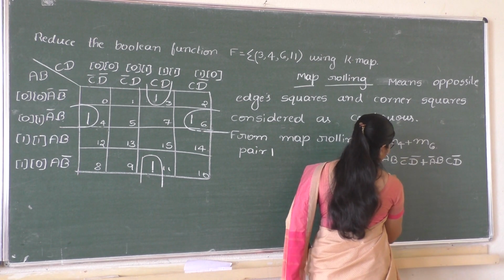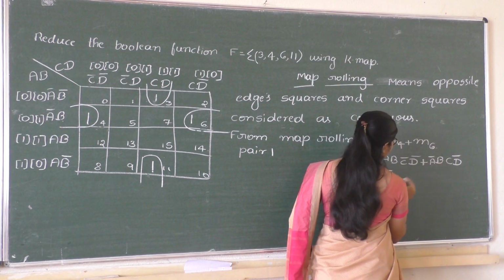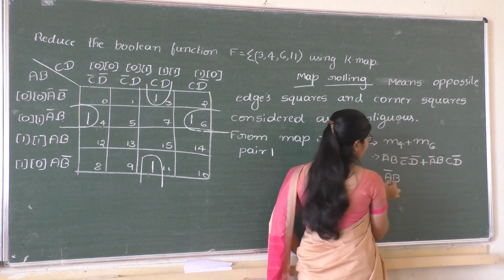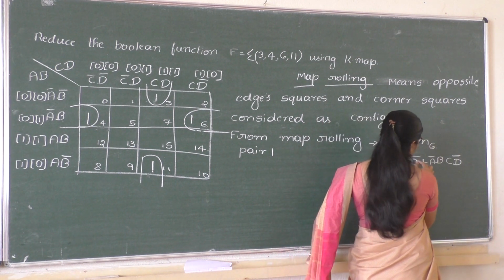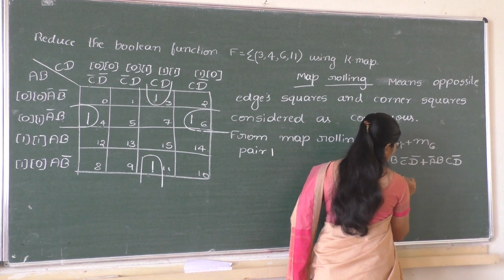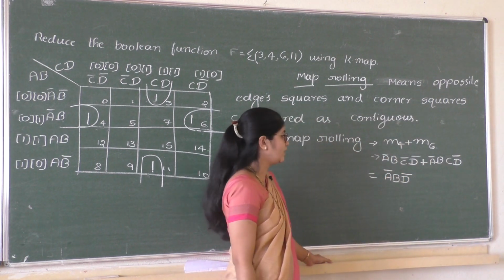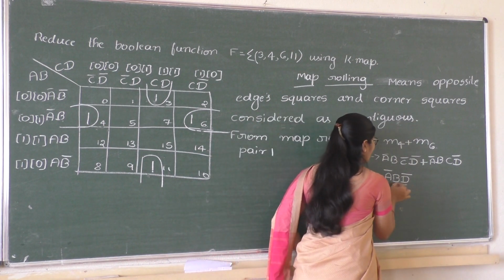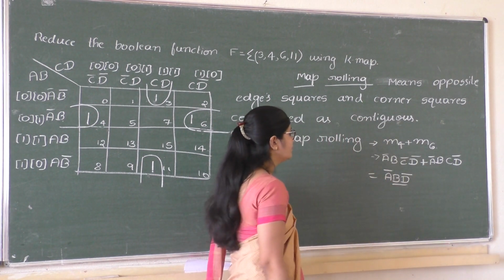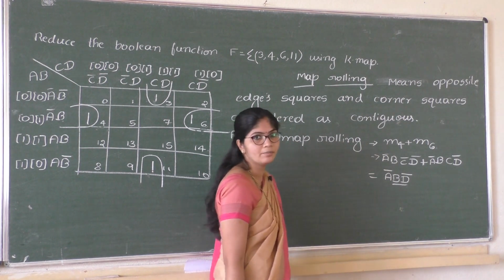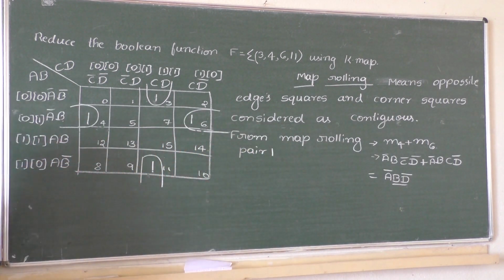Yes, A bar is common. Next, B, B is also common. C bar is not common. Next, D bar. Yes, D bar is the common variable. So, write those variables. Now, we get the min term A bar B D bar.